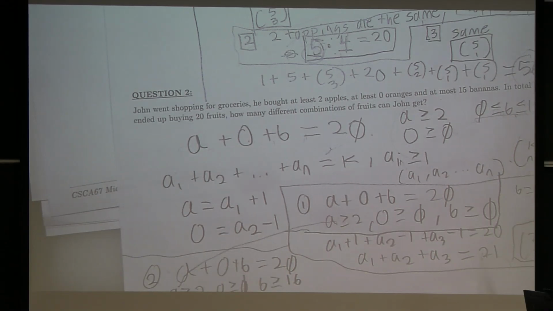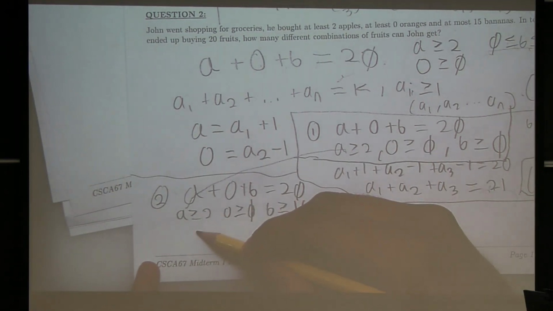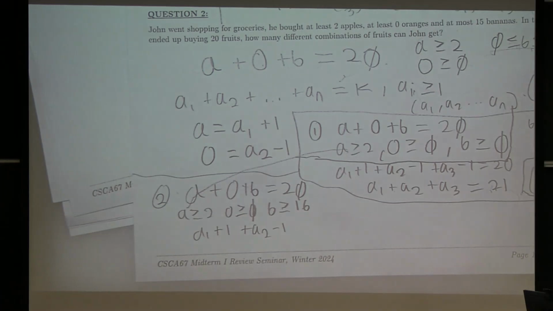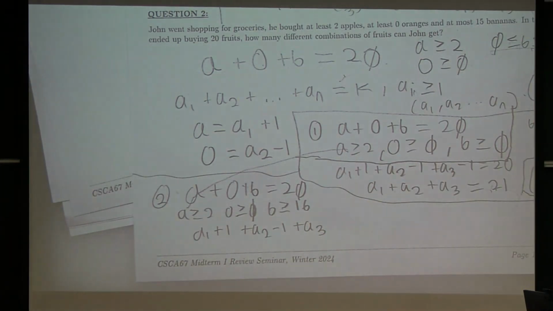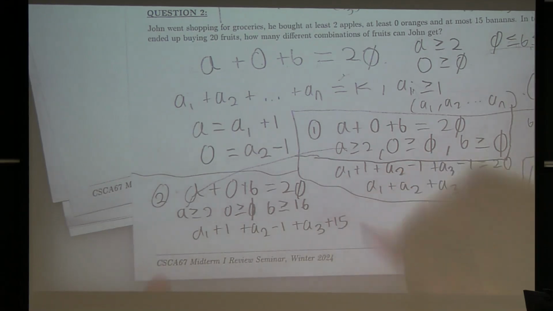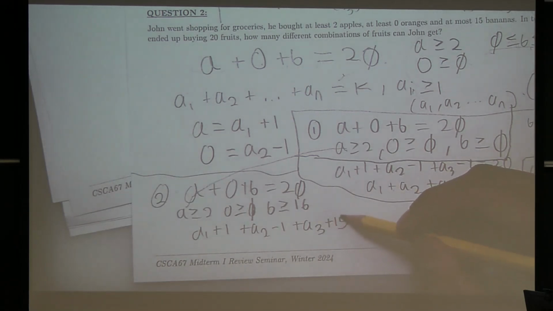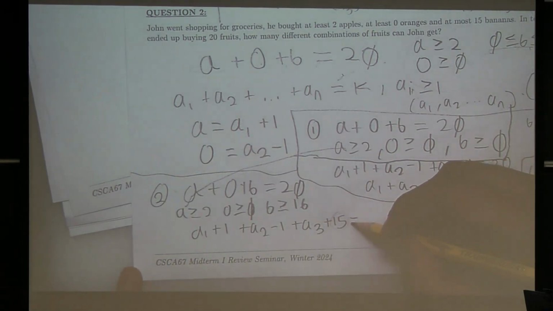So, sorry. So this equation here, we do the same variable substitution. a1 plus 1 plus a2 minus 1 plus this time a3 plus 15. Because each ai is greater than or equal to 1, so we need 15 here for 16 to work. So this is equivalent to 20.